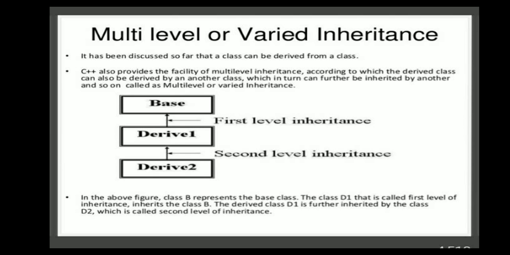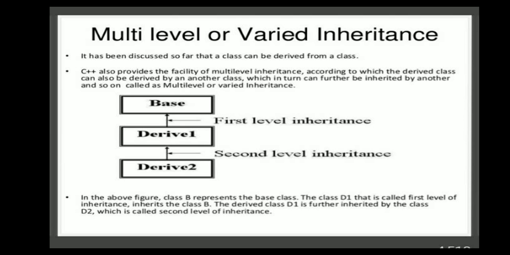So, here we have two levels of inheritance. In the first level, the derived 1 class is deriving the entire information from the base class. In the second level, derived 2 class is deriving the entire information from the derived 1 class. So, here derived 1 is acting as a base class for the derived 2.